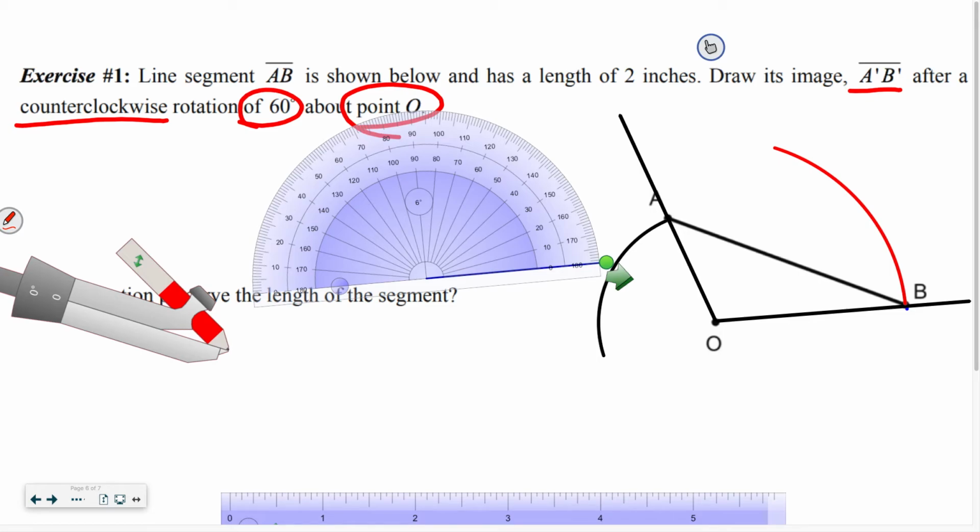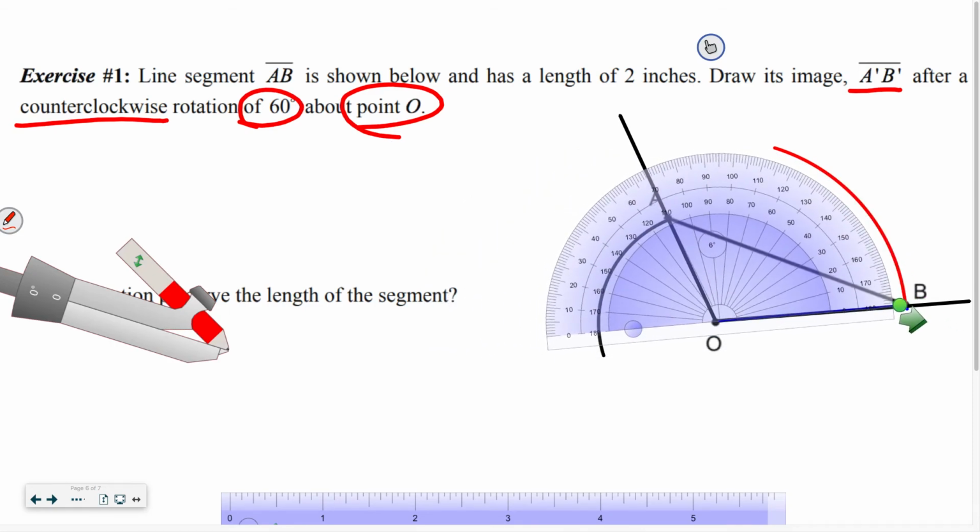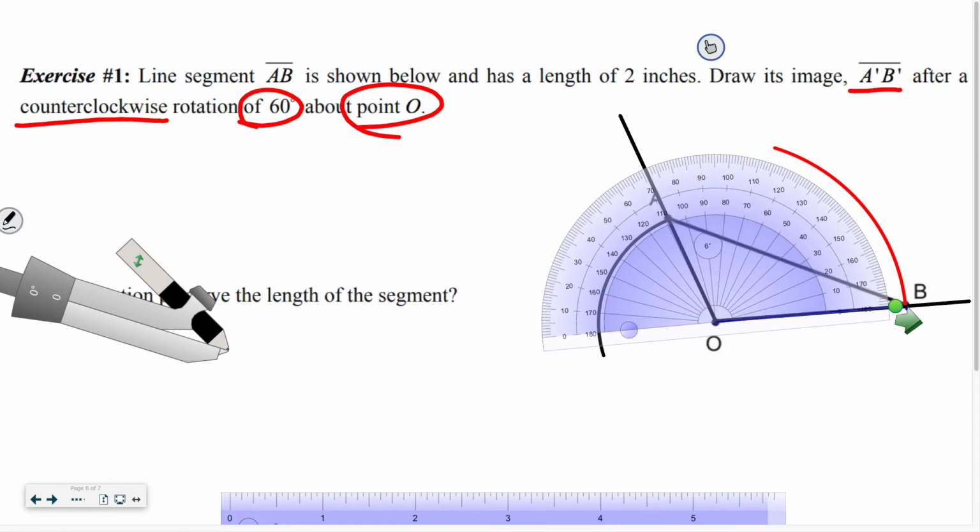Bring in the protractor. I need to measure an angle of 60 degrees. So let's measure an angle of 60 degrees. Make sure that your protractor has 0 right here. You're going to align the protractor, and one side needs to be 0 degrees.